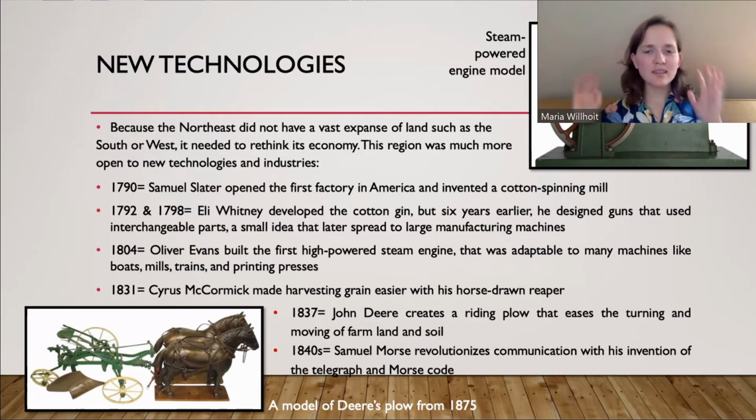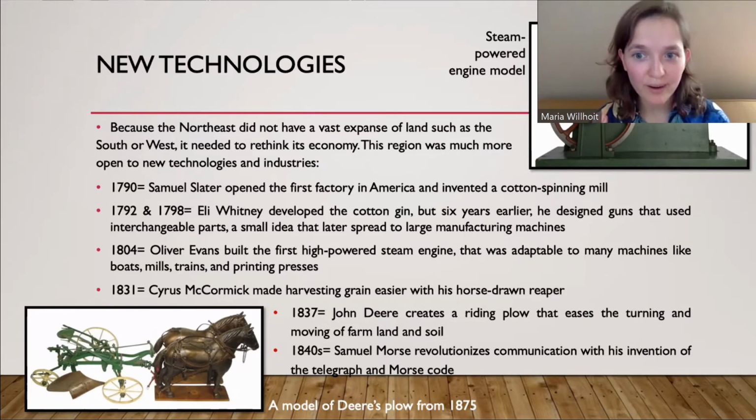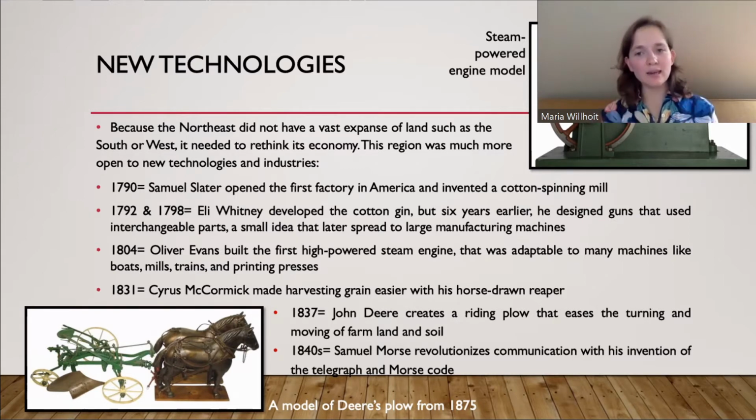And this doesn't sound like a very big idea. Okay, it's just a gun. But first of all, guns were very popular in America back then. They were needed. And to be honest, they're still popular today. But guns at that time had to be handcrafted, piece by piece.